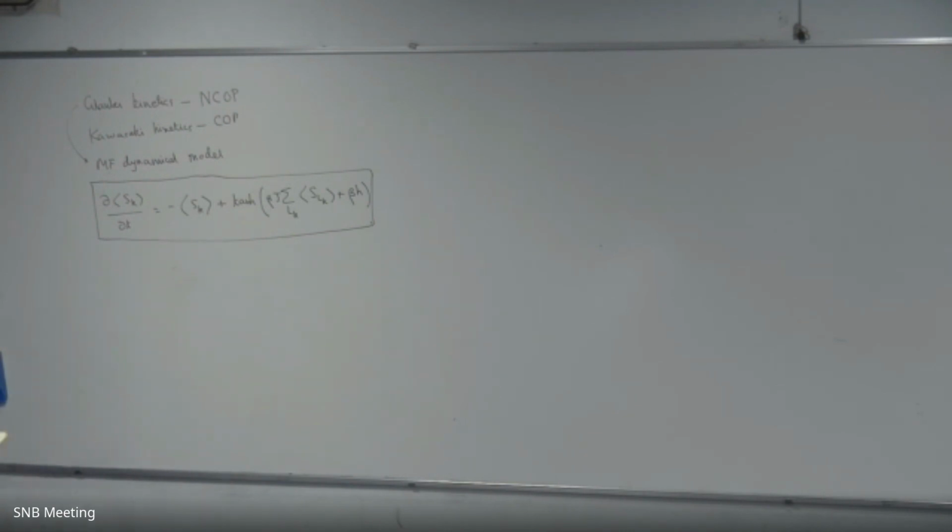Okay, I want to spend a little time before we get into the solution of this equation. I want to put it in a slightly more familiar form, which is the form of what's called the time-dependent Ginzburg-Landau equation.